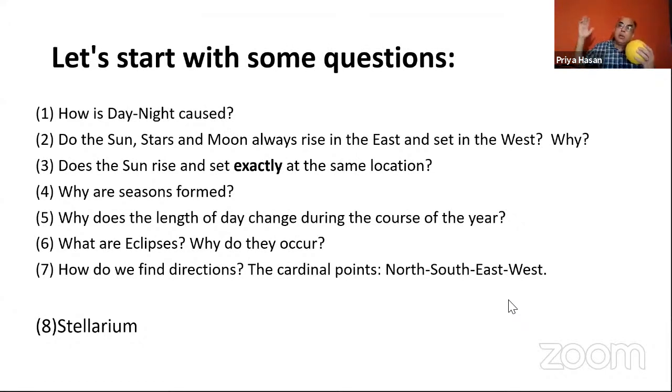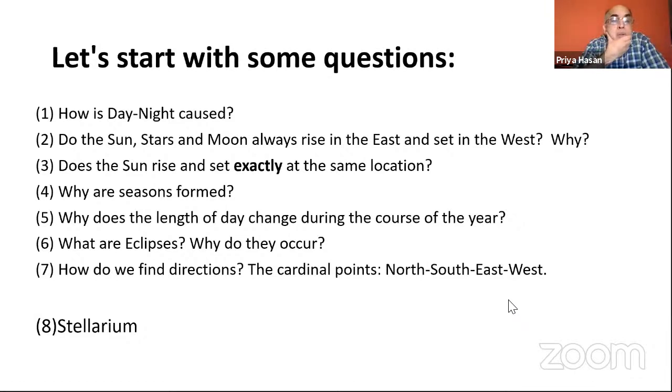But then it had a collision with an object as big as Mars, and it tilted Earth's axis. And this tilt is about 23.5 degrees. So Earth, when it's moving around the sun, it is tilted at 23.5 degrees, right? And that is the reason for seasons.